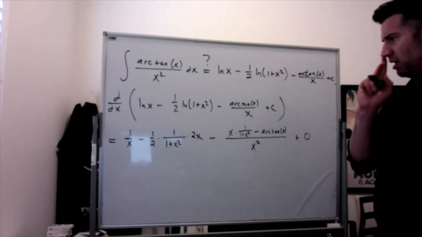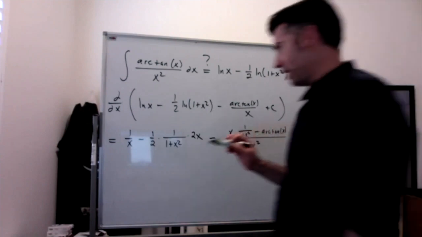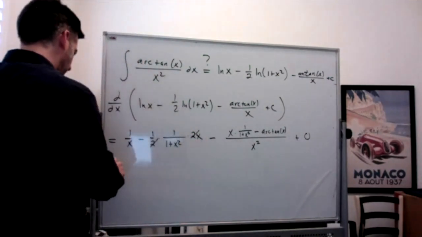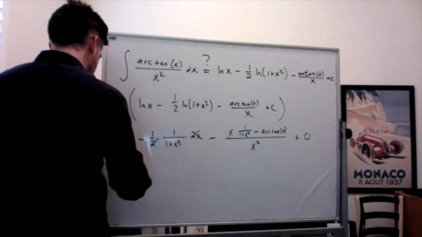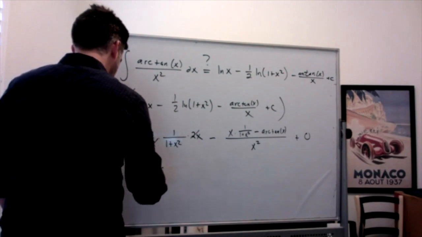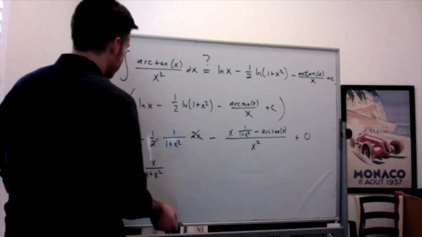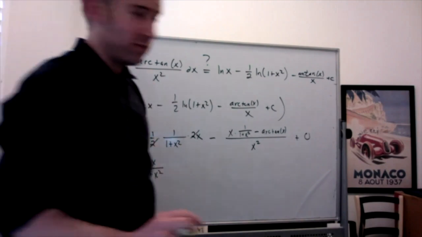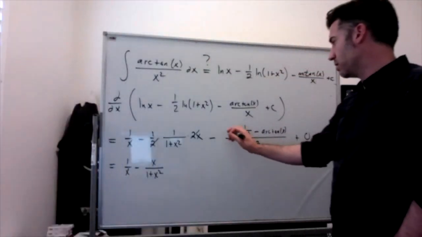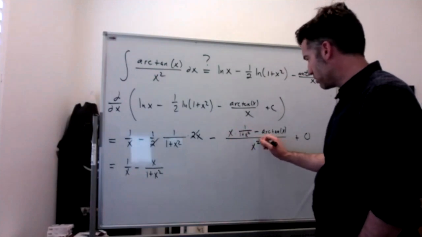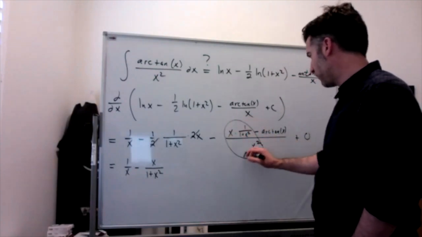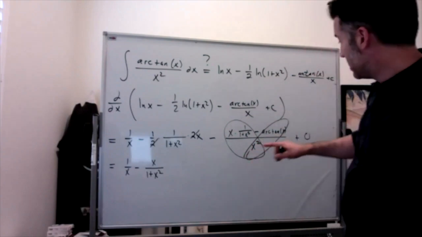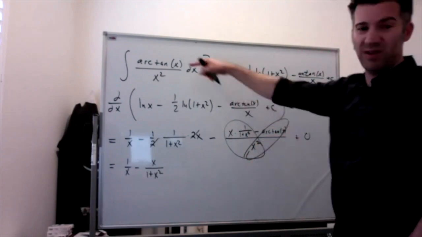So let's see here. Let's do some stuff. I can cancel a 2 here and a 2 here. So I've got, let's see, 1 over x minus x over 1 plus x squared. And eventually I'm hoping to get to this. So here's what I should do. I should break this apart into 2 different fractions. Why? Well, because I see an arc tangent x over x squared, and that's what I'm hoping to end up with.